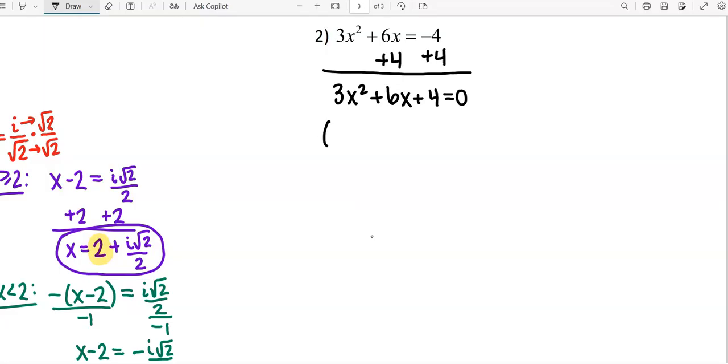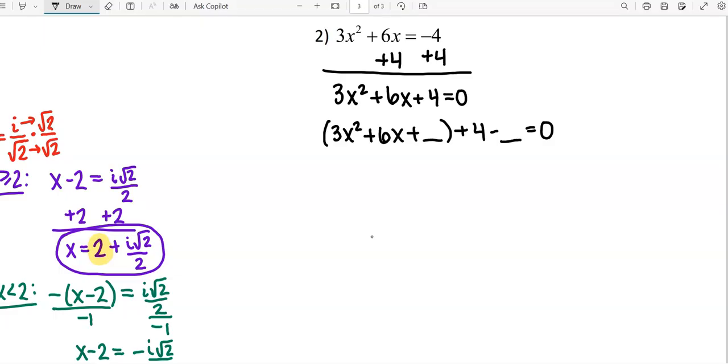For completing the square, you have to group the first 2 terms first, so 3x squared plus 6x plus blank. You have to push that 4 outside first before you take a greatest common factor, because the 4 is the first thing that's not helping you make a square. From here, now you take out your greatest common factor.